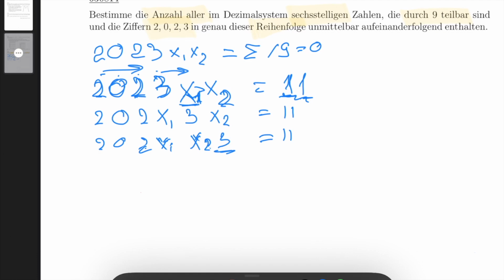Now let's move x1 further, and we get x1, 2, and we move 3 back, and x2 from the end. So we have mostly the same as here. When we fixed the 2 on this position, we fixed x1 on this position.